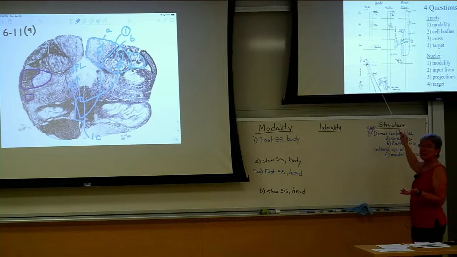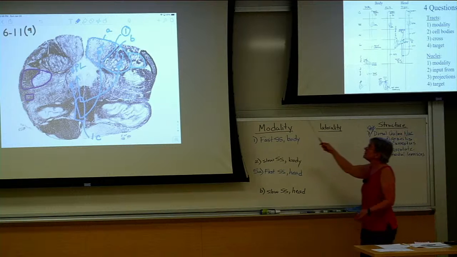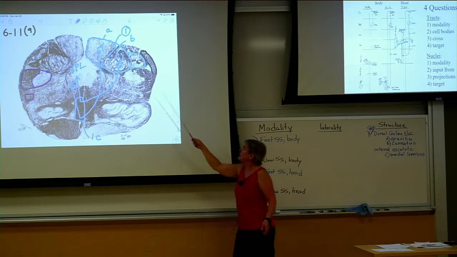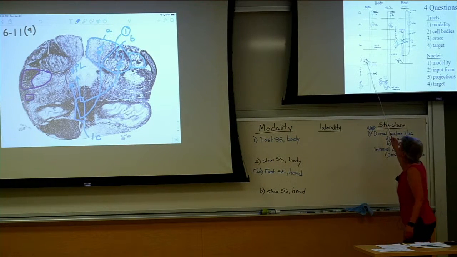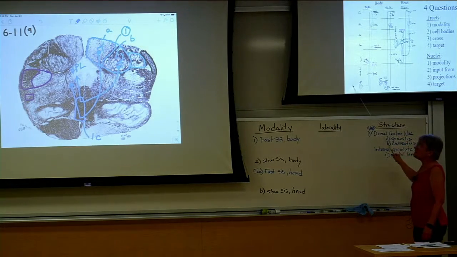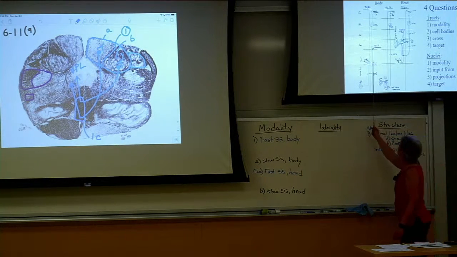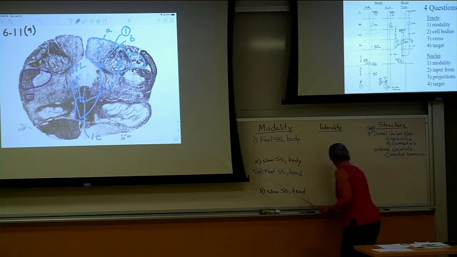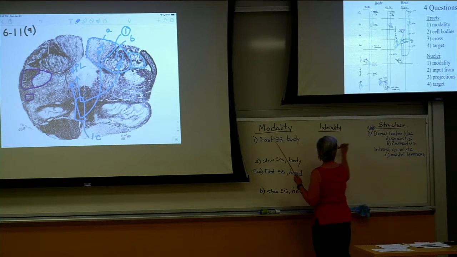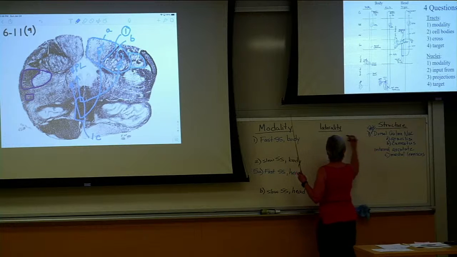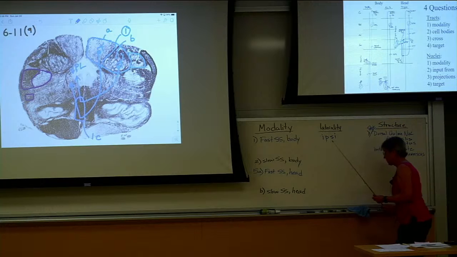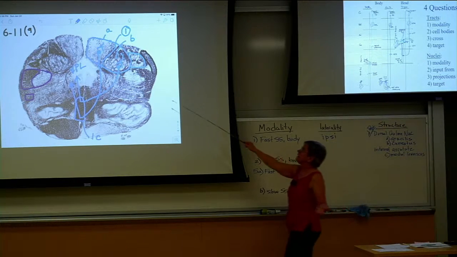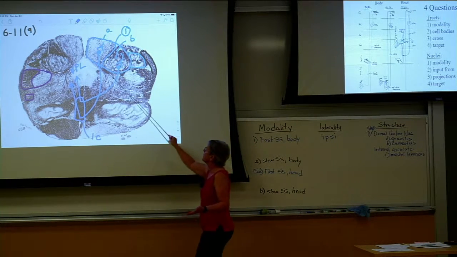So when you're asking about the laterality for this nucleus right here, that information originated on the ipsilateral side, because here's our midline, of the body. So the answer up here for laterality for the dorsal column nuclei is going to be ipsilateral.